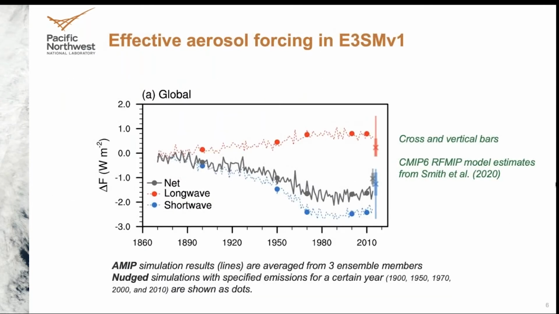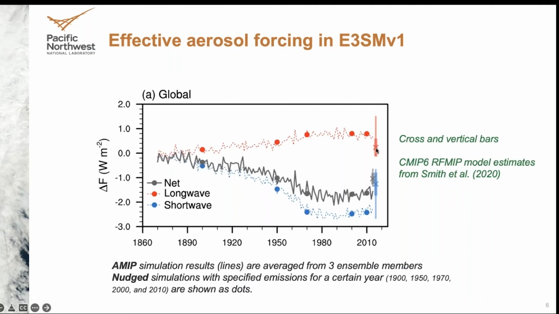First of all, I would like to show the effective aerosol forcing simulated in the E3SM V1 model. As you see here, I'm showing the historical changes of the simulated effective aerosol forcing at TOA for the net, longwave component, and shortwave component. On the right, I'm showing the CMIP6 RFMIP model estimate from Smith et al.